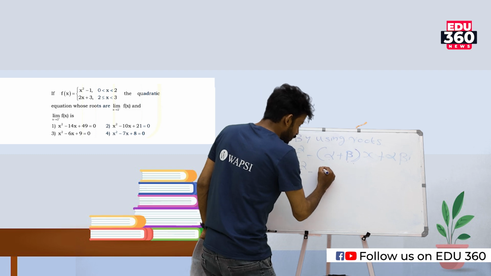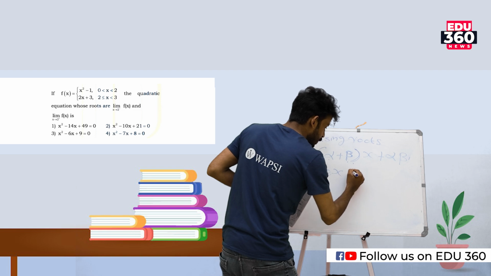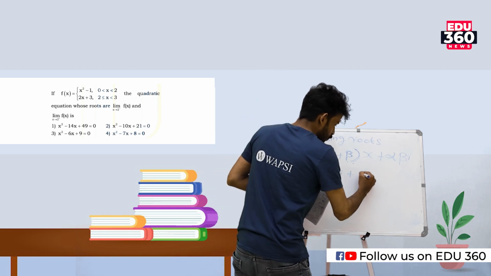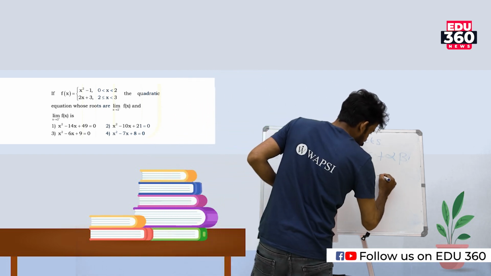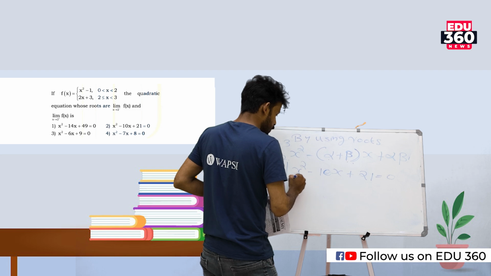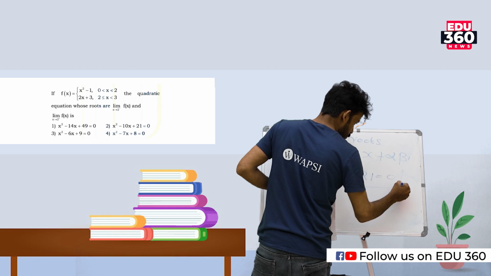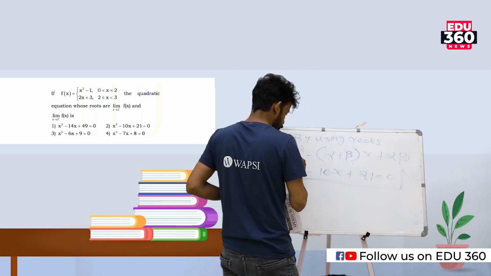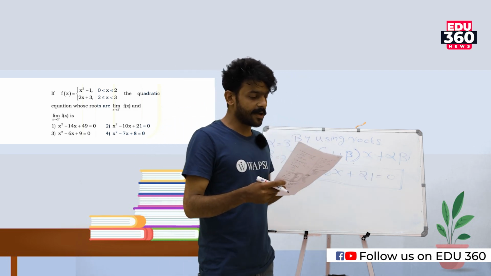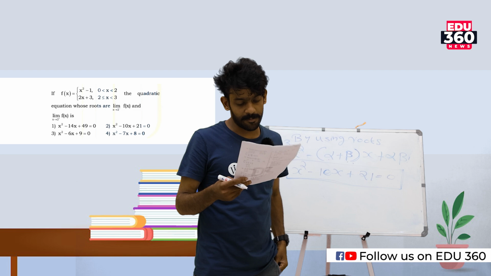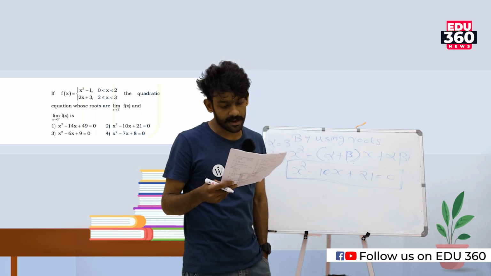Alpha plus beta is 10, so x square minus 10x plus alpha beta, which is 21. So x square minus 10x plus 21 is equal to 0. This is the quadratic equation.